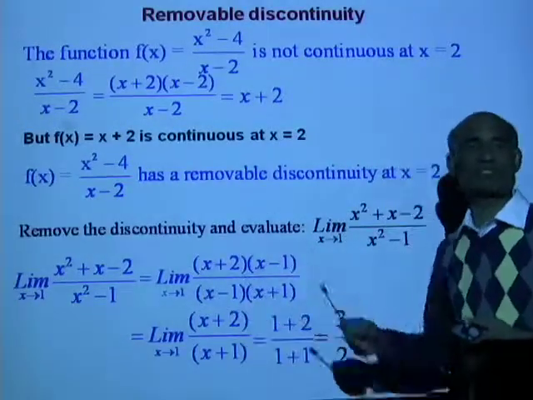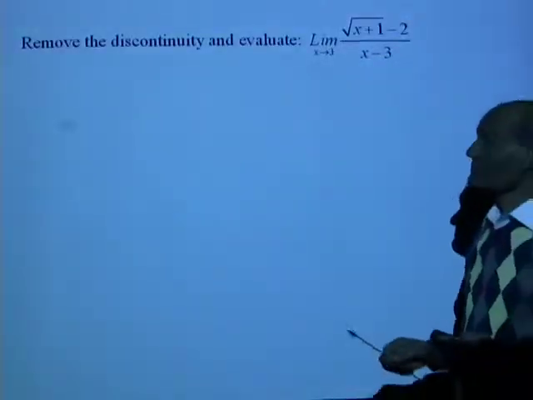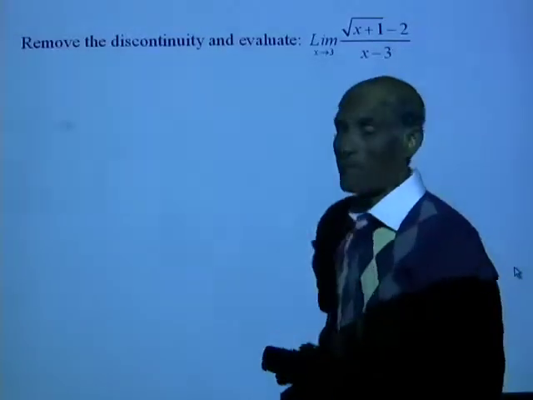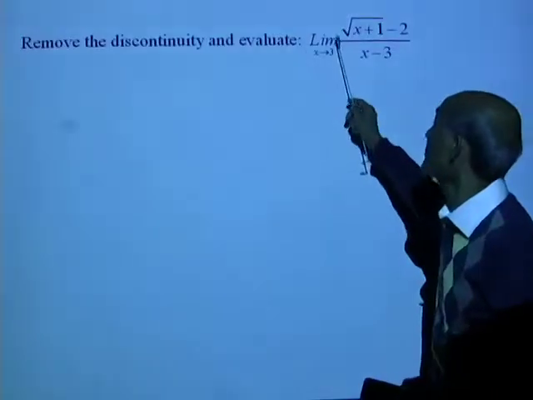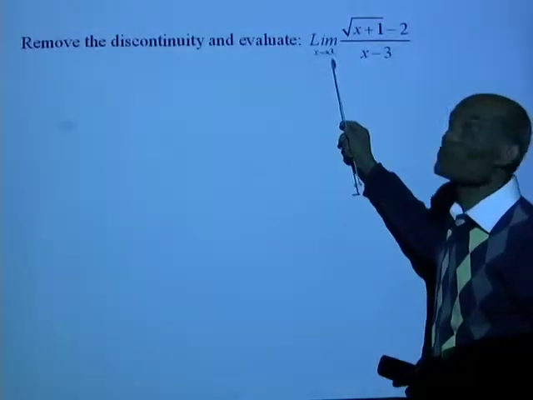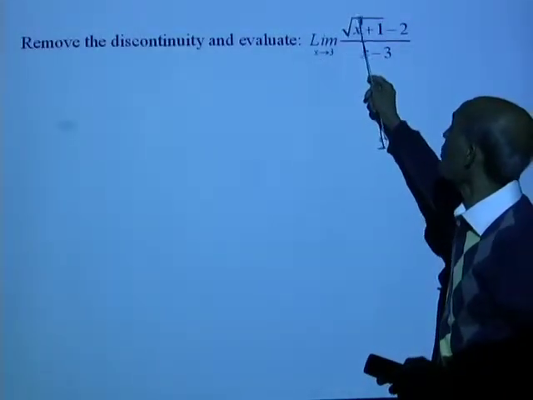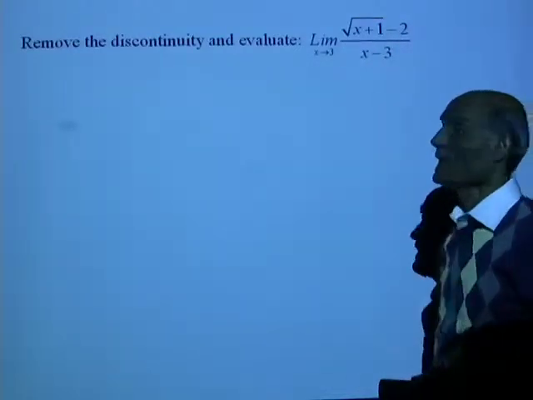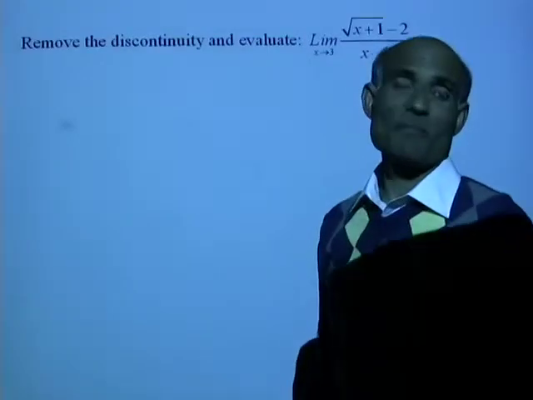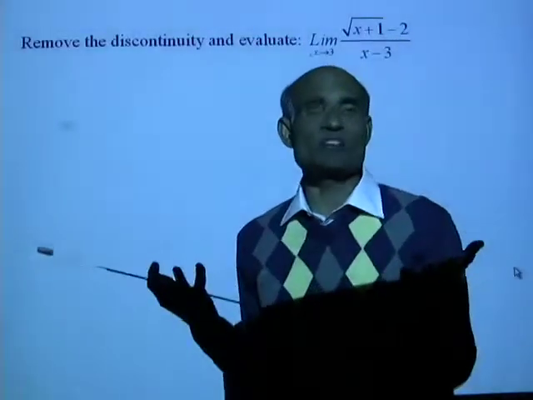I want you to practice this. Another one. Remove the discontinuity and evaluate the limit as x approaches 3 of square root of x plus 1 minus 2, over x minus 3. Well, this is a unique example.